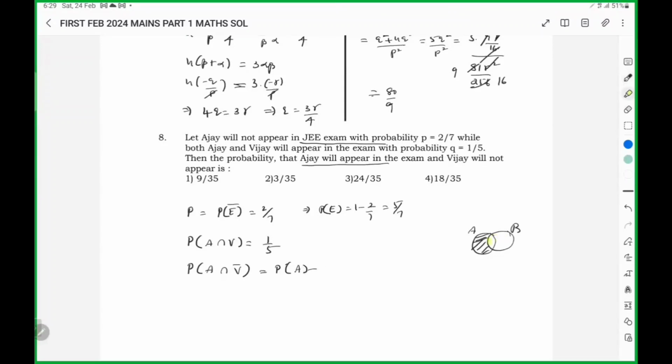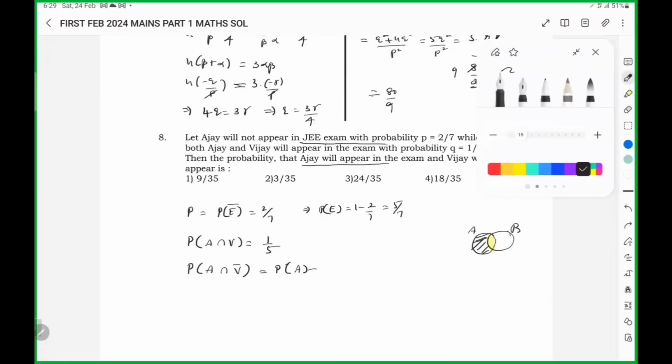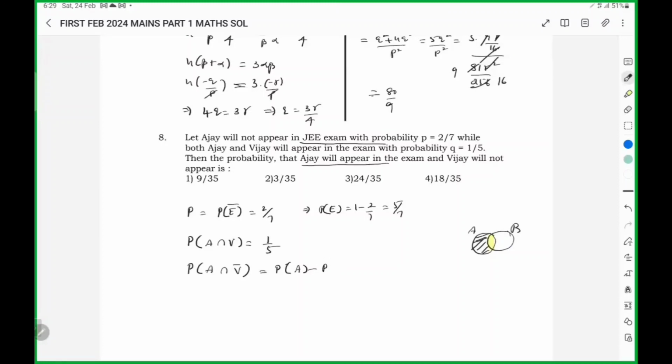What we have to remove is this part, that is P of A intersection B. So Ajay will appear is 5 by 7, minus 1 by 5, which is 25 minus 7 by 35, that is 18 by 35.